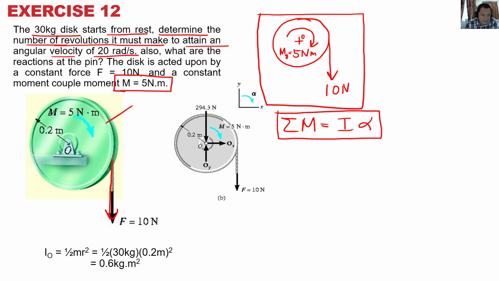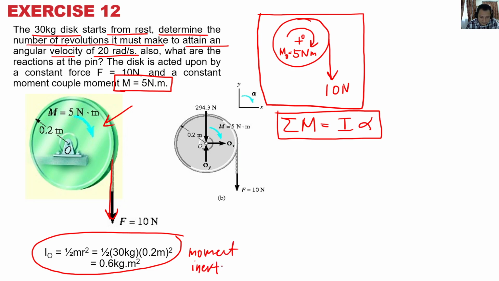So if it is a disk, we can use this formula to get the moment of inertia.